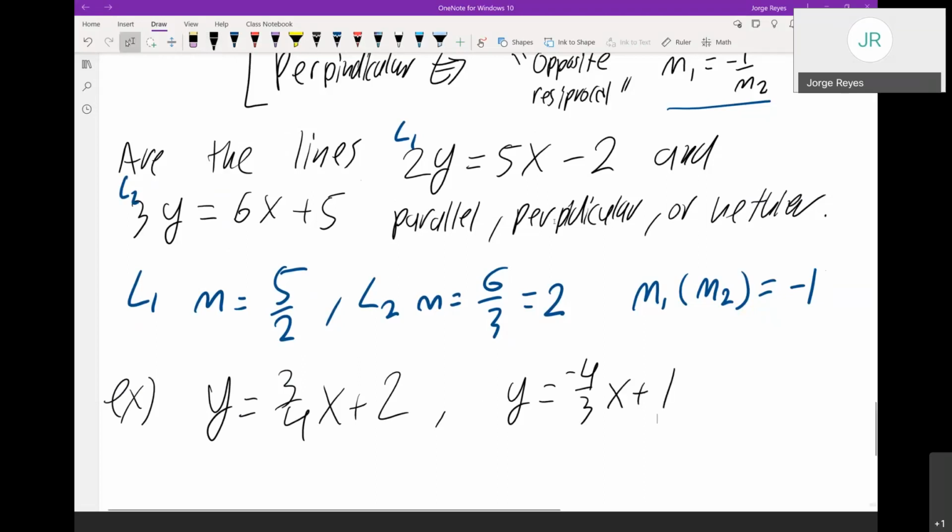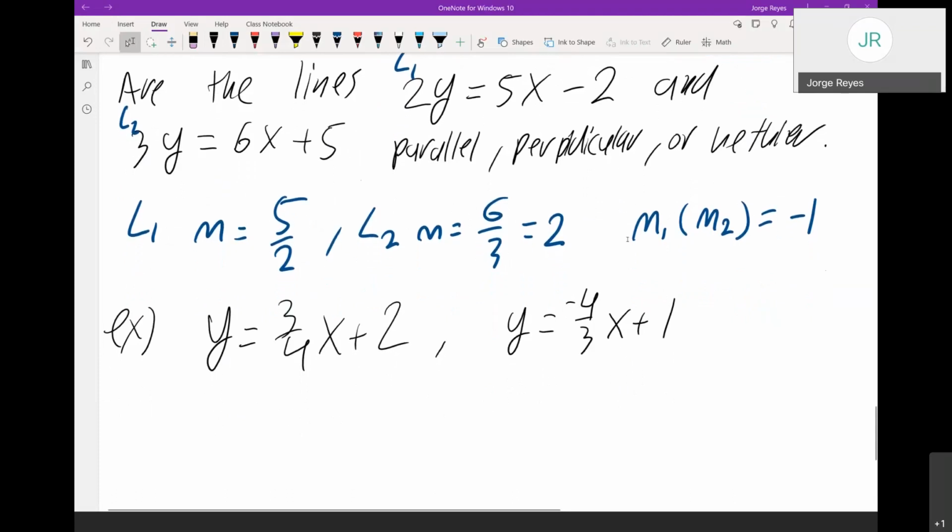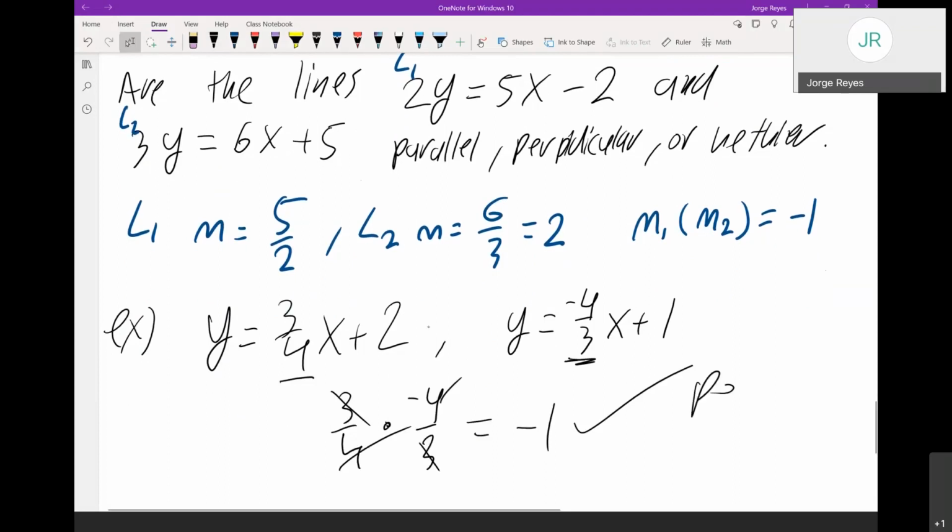These lines are obviously perpendicular, but just to prove this concept, if I take m1, 3 over 4, and multiply it by m2, -4 over 3, everything cancels and you get -1. So these lines are perpendicular.